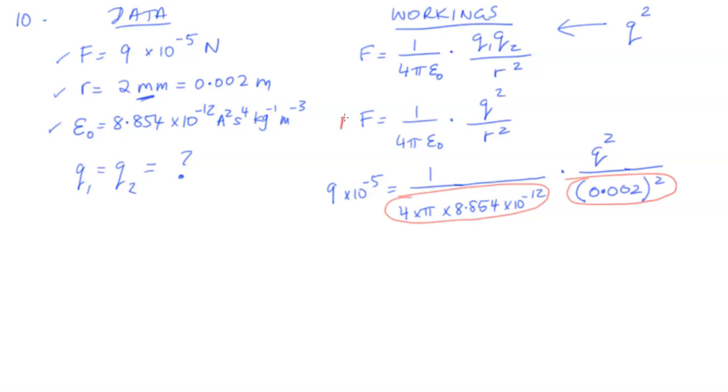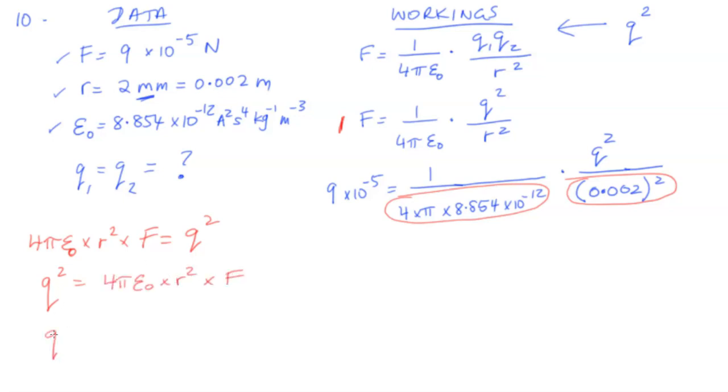If I just show you using this formula, we will be doing times both sides by this and by this and times that. That gets that on that side, and then we'd be left with Q squared on this side. So I'm just going to swap them over.